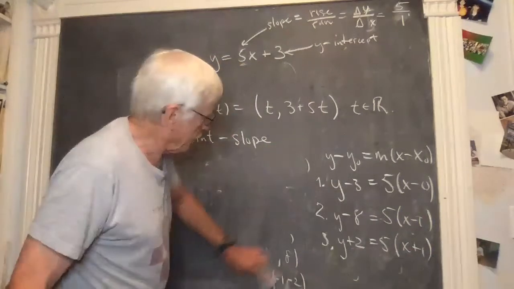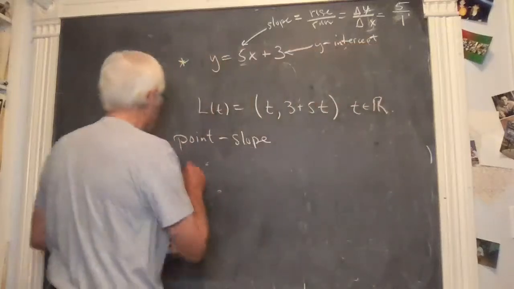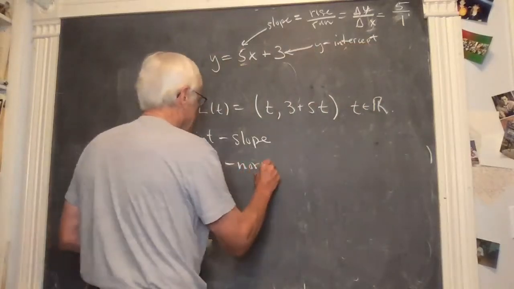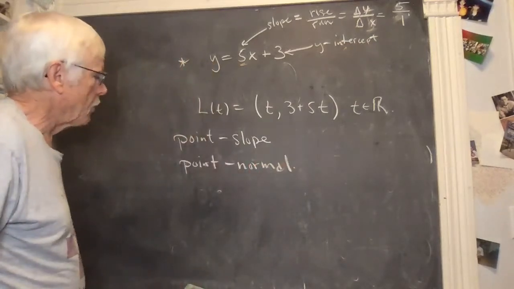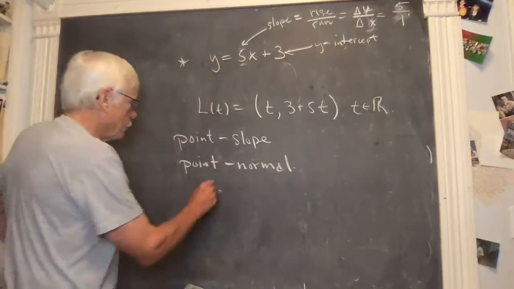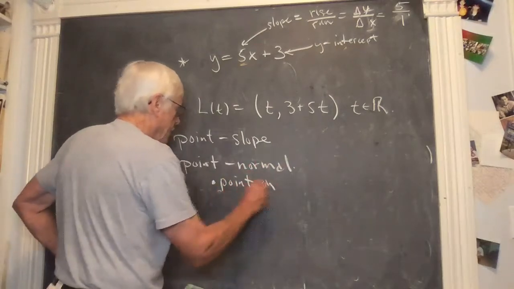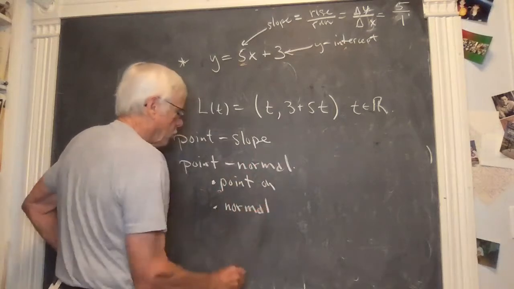And the last one is point normal form. Now, in this case, the things that you need here are a point on, and you need a normal. This normal is a vector.